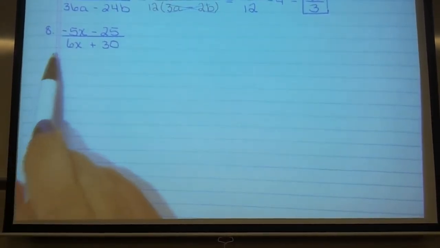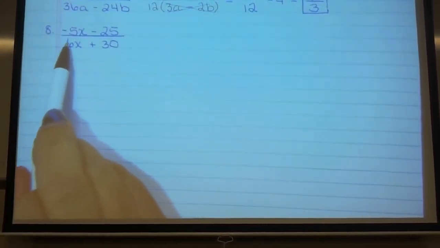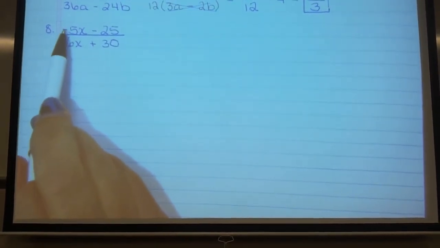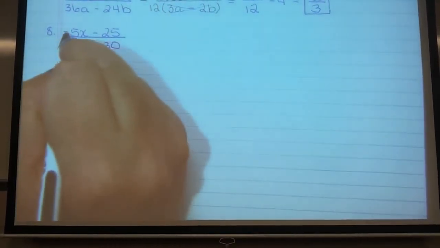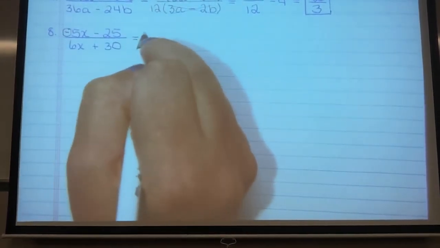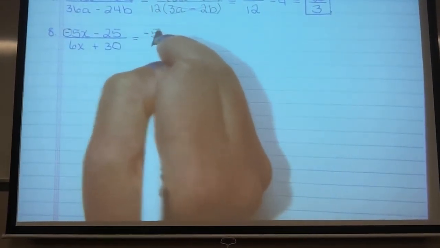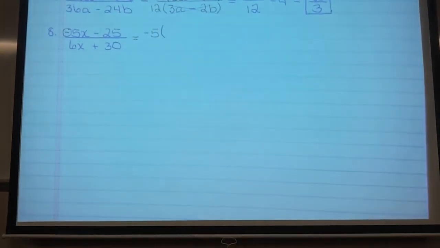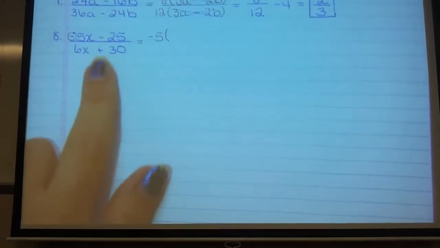But notice, there's not a negative sign in front of this 6, but there is in front of this one. If you ever have a negative floating in the front, you want to factor that negative out as well. So I'm going to take out a negative 5 on top. I know that's going to get my parentheses to match because they're in the negative zone here.